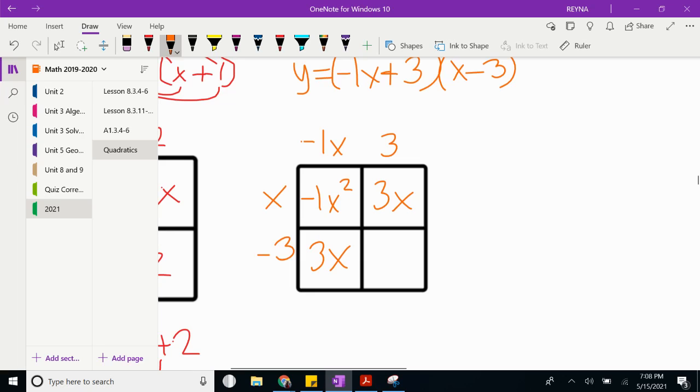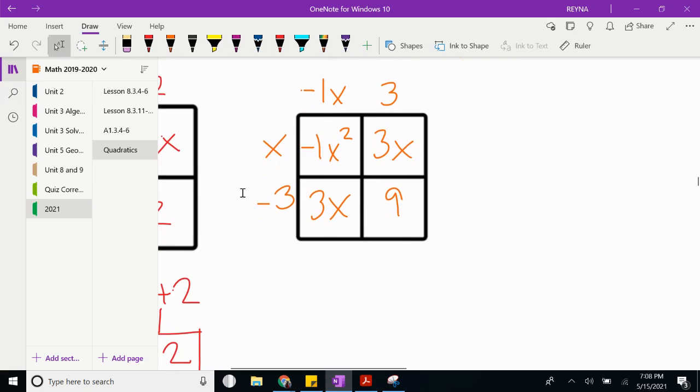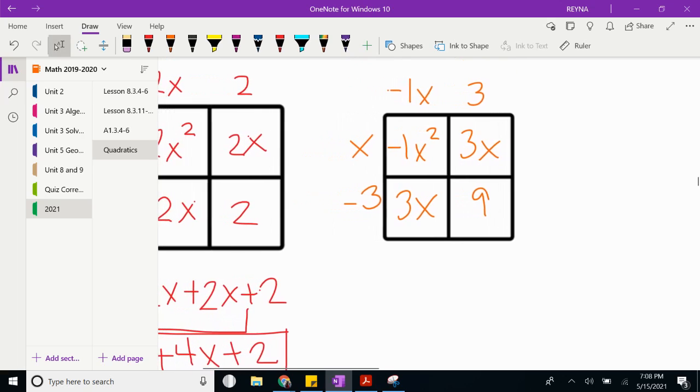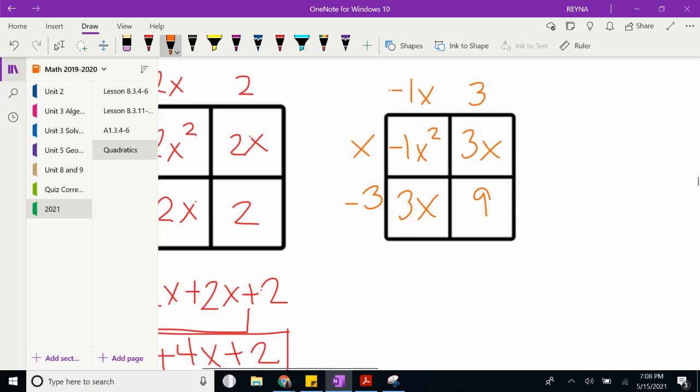And then what do you get when you multiply 3 times -3? +9. Okay, let's write all of those down at the bottom. So inside our box, we have -1x squared plus 3x plus 3x plus 9.